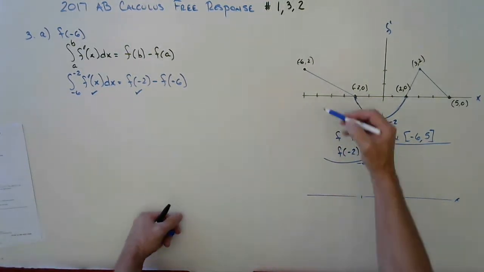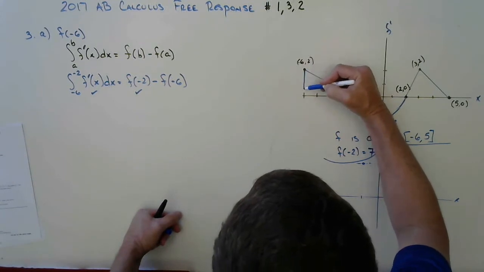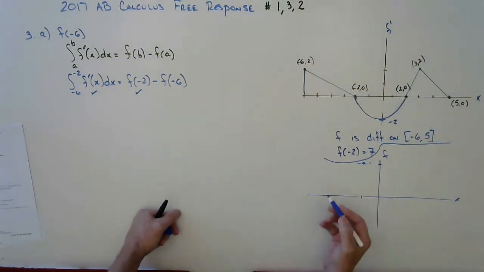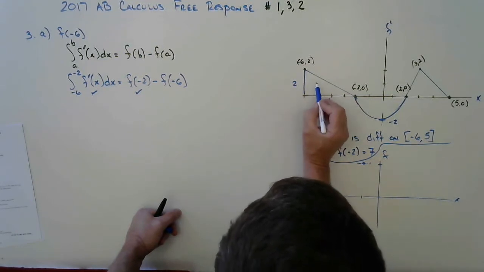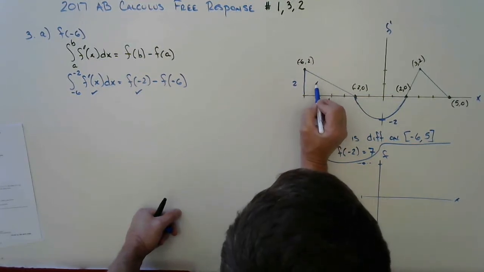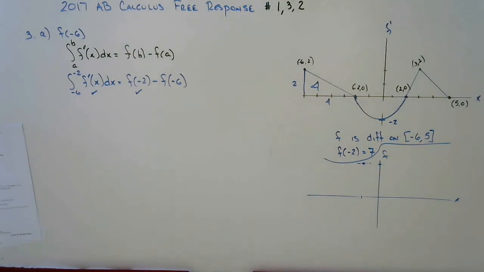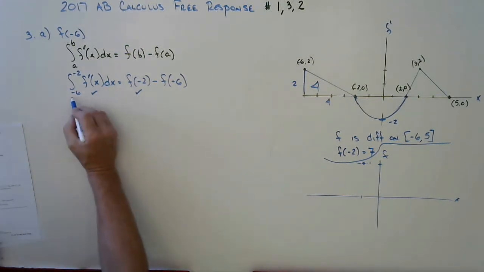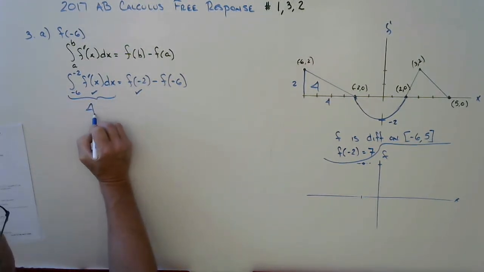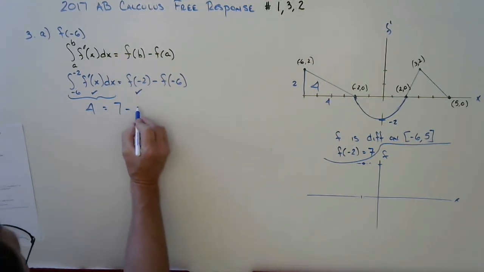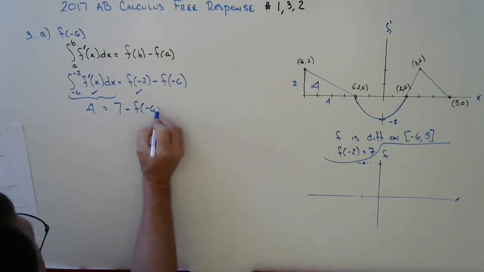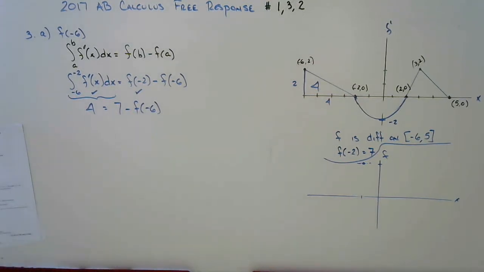We can draw this. The base is 4. The height is 2. It's a triangle, so 2 times 4 is 8, half of that, so the area under the curve is 4. F of -2 is 7. They want to know what is f of -6. Well, it looks like it's 3.